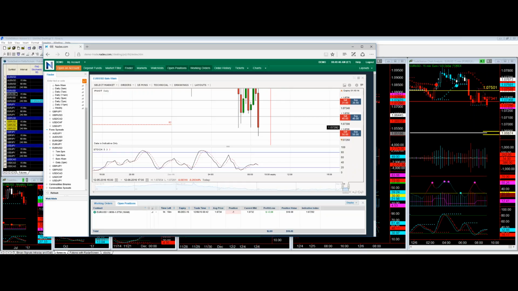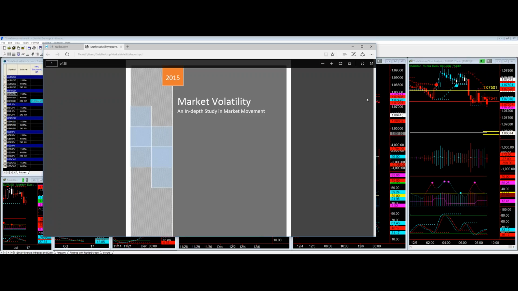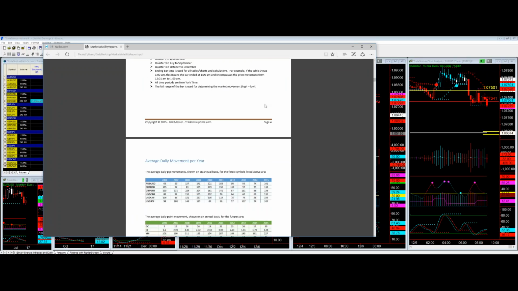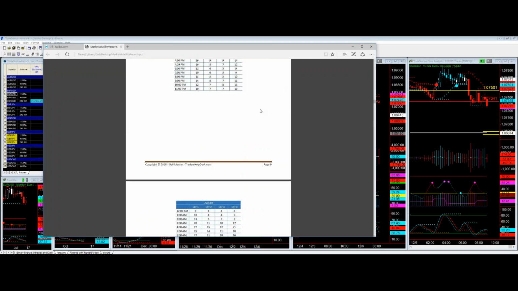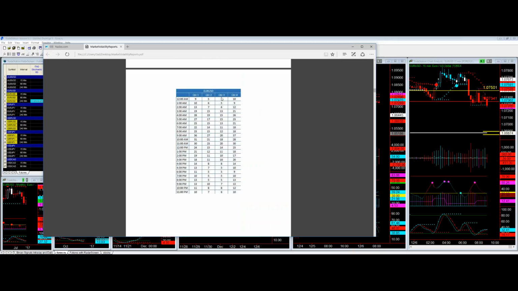In fact, let me go and see exactly how much it can move. I have a volatility report that tells me how much it will move on average, and it's been doing below average, so let's go and look at the euro dollar, and we're in the fourth quarter.